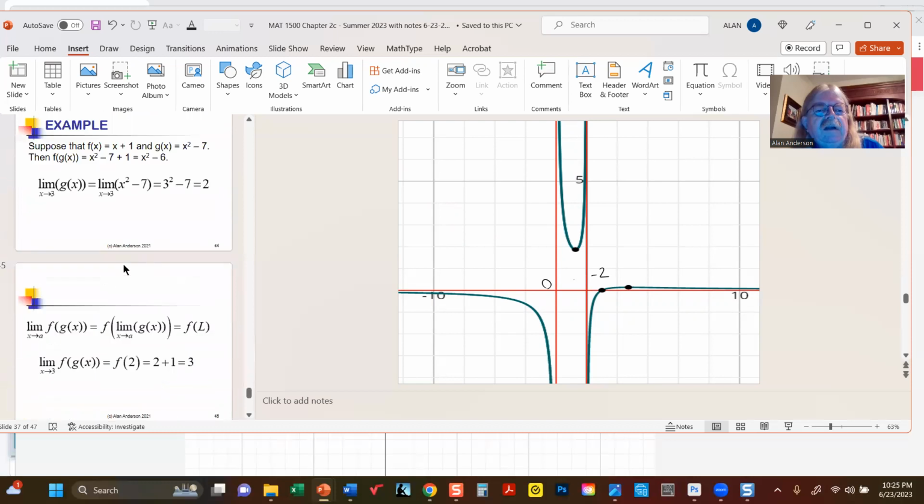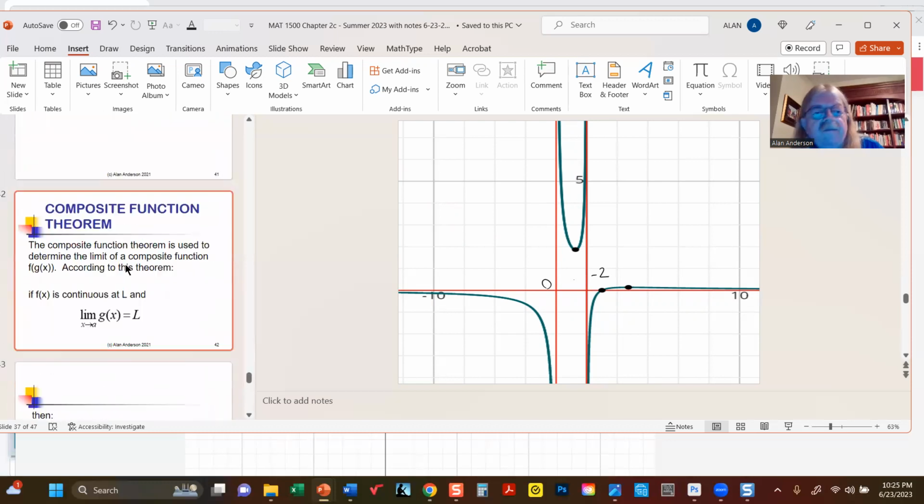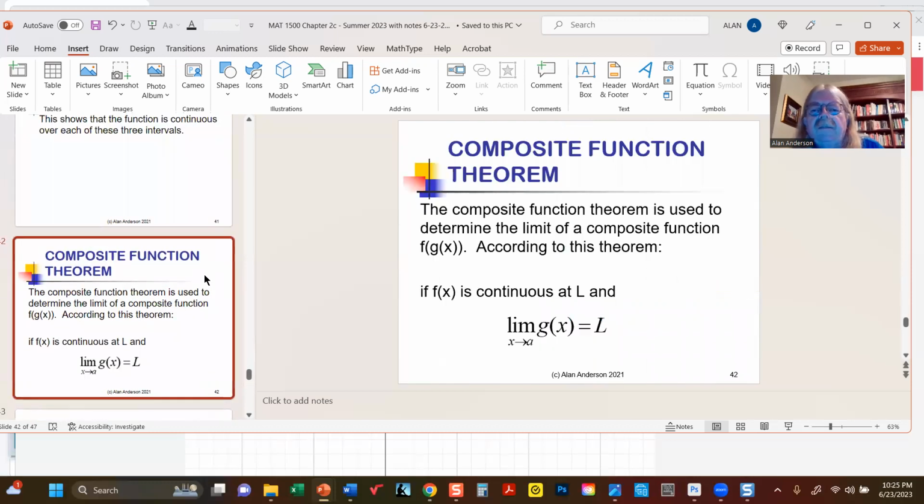All right, now we've got a couple more theorems to look at. The composite function theorem. Now, just a quick review of what a composite function is.